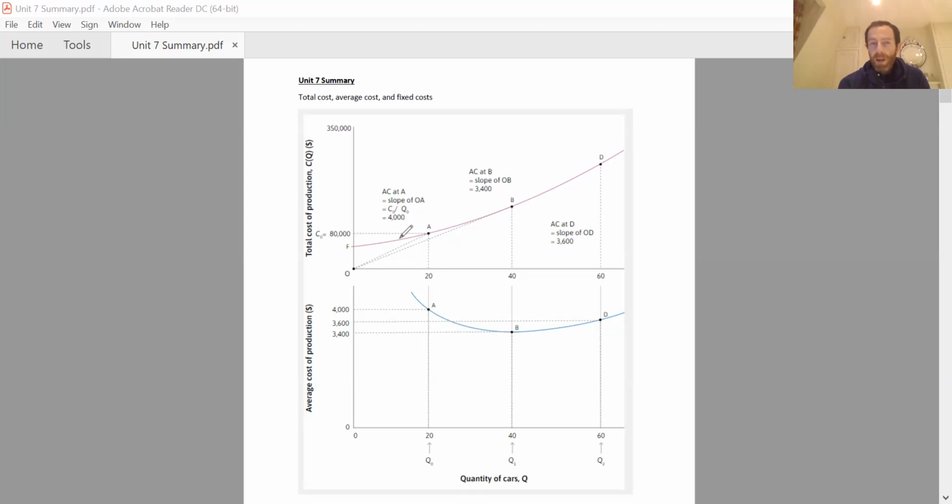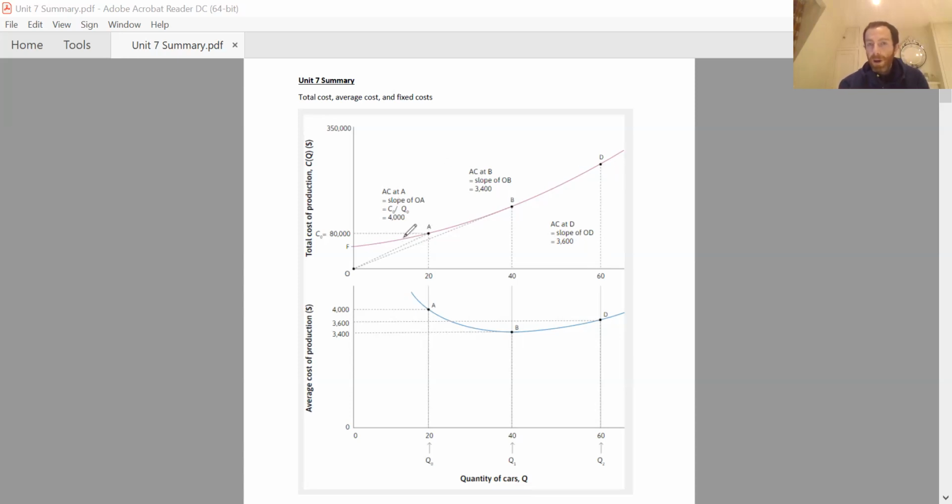This purple curve represents the total cost of this firm, or their cost function. If they decide to produce 20 units of output, that's going to cost them $80,000. As we go to higher levels of output, we see higher levels of total cost. That's all the cost function does.